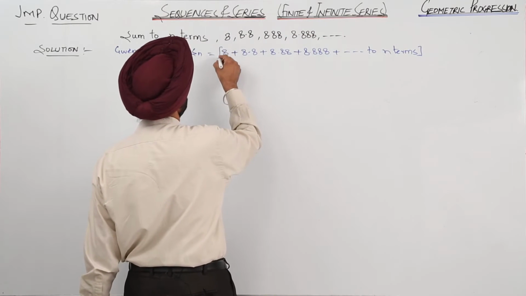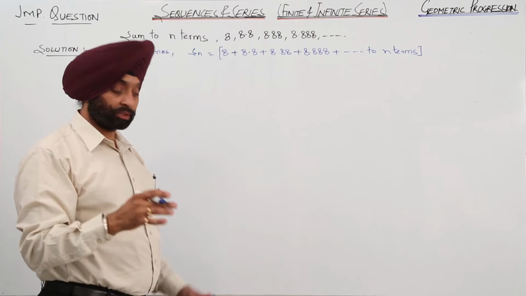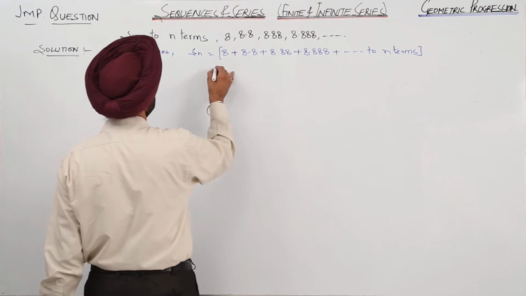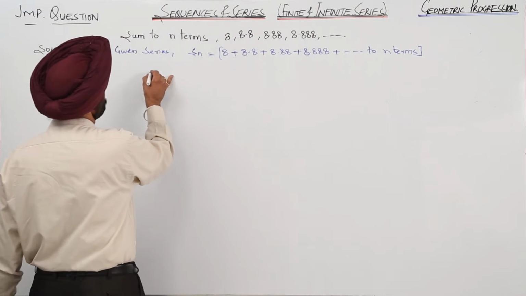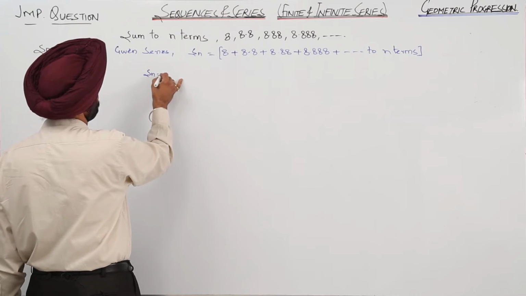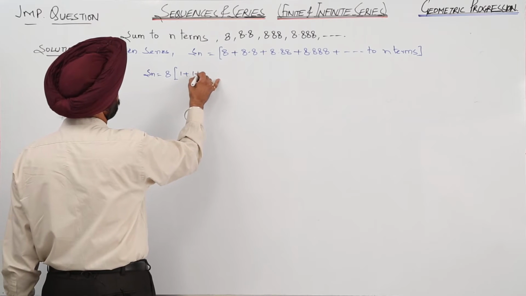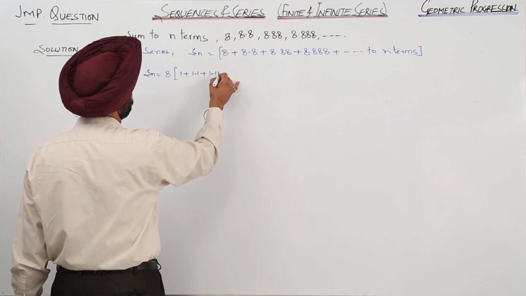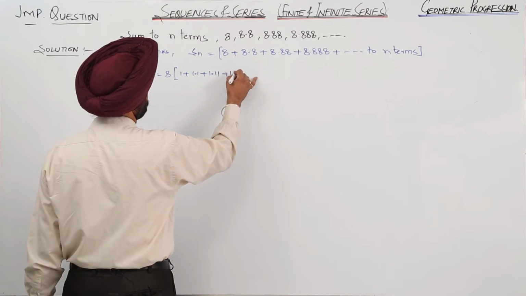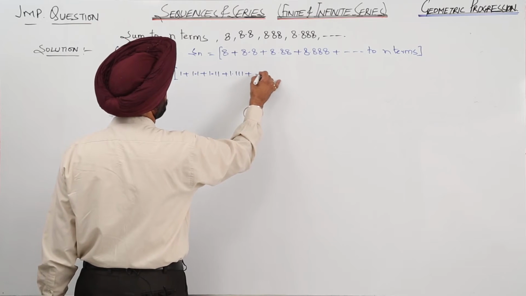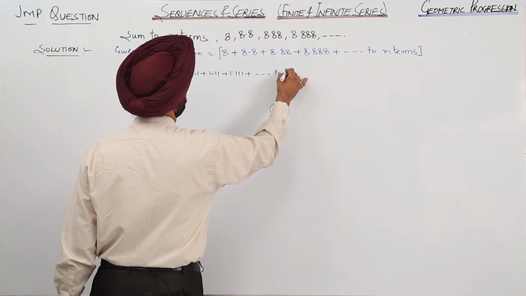Is it clear? The first few steps are the same. Now taking 8 common, 1 + 1.1 + 1.11 up to n terms.